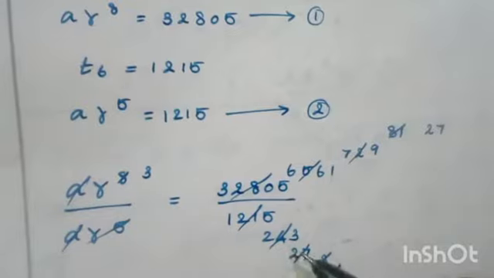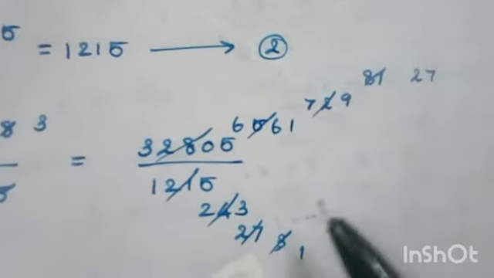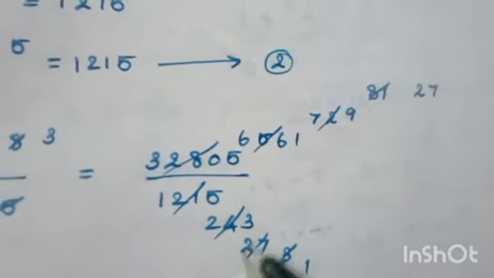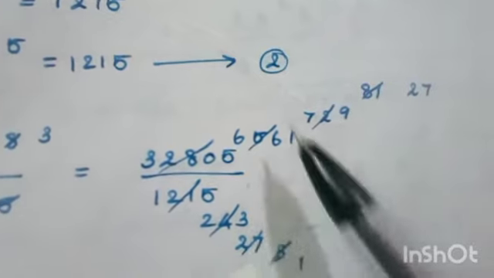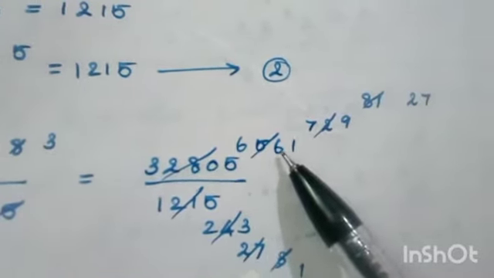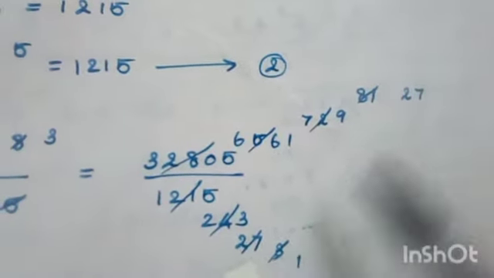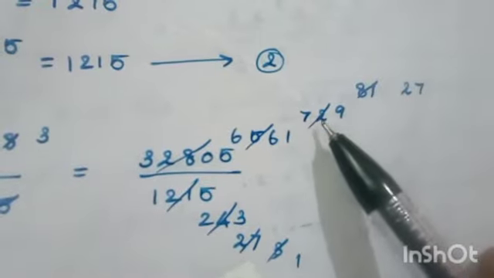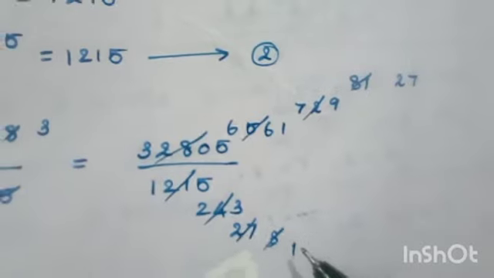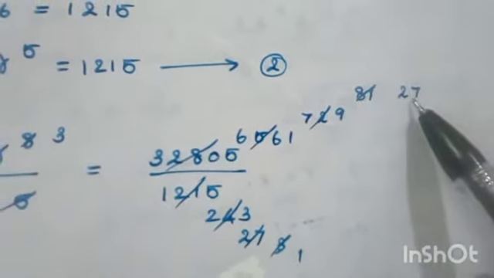Then again the ninth table: 2 9s are 18, balance 6, 7 9s are 63; 2 9s are 18, balance 8, 9 9s are 81; 3 9s are 27, 8 9s are 72, 1 9 is 9. Now the 3 table: 1 3 is 3, 2 3s are 6, 7 3s are 21.